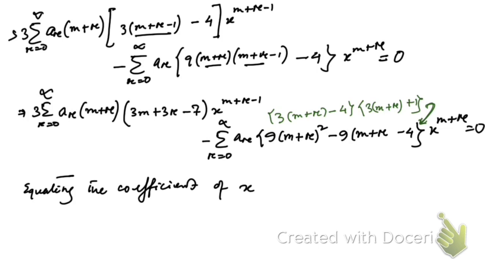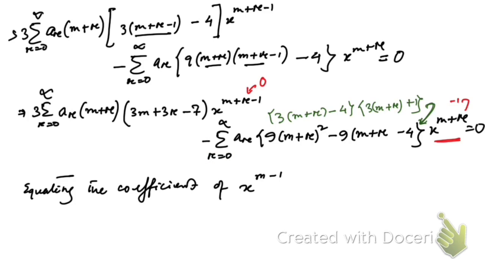x to the power. What will be the lower power? If you put r is equal to 0, then you're gonna get lower power of x. So that will be x to the power m minus 1. And here you see, this is m plus r. So in order to get m minus 1, you have to put r is equal to minus 1, but r cannot be negative, r starts from 0, right?